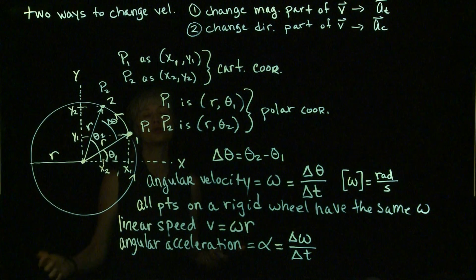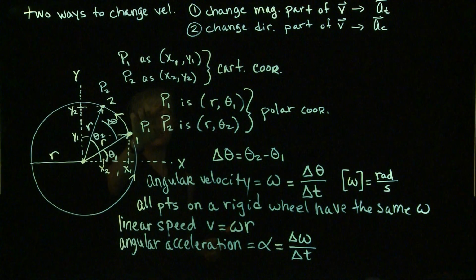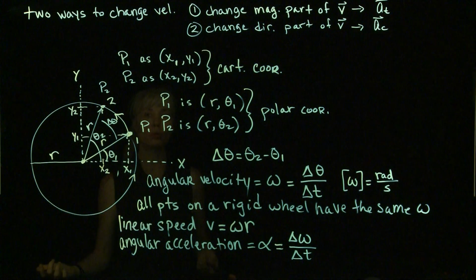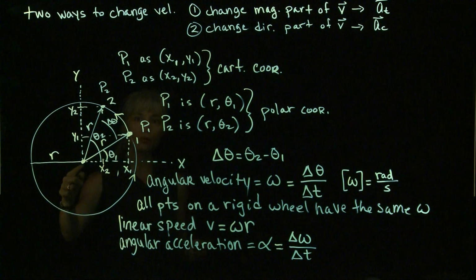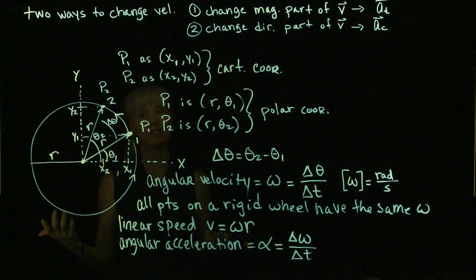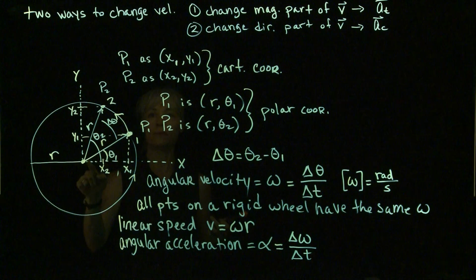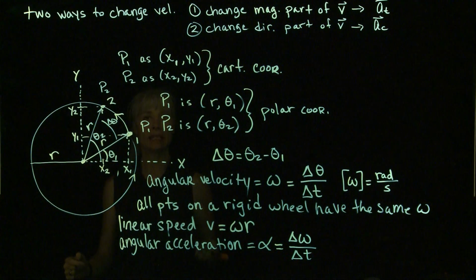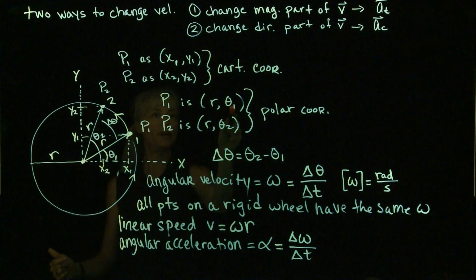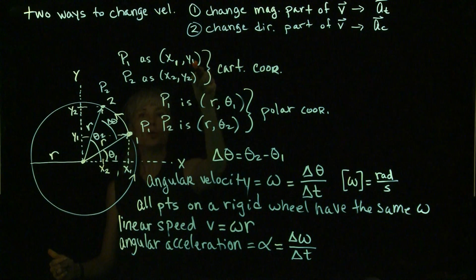So if I want to describe position P1 in terms of our polar coordinate system, then I would just describe its magnitude and direction form of the vector: how far away I am from the axis of rotation, r, and the angle that it makes with respect to the x-axis, theta 1. So r and theta 1 would be the polar representation of the Cartesian x1, y1.